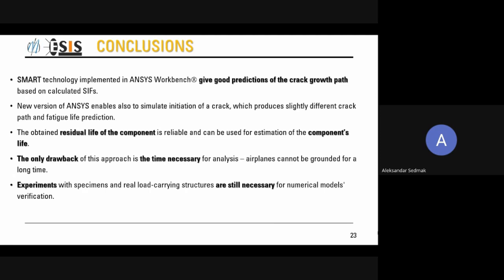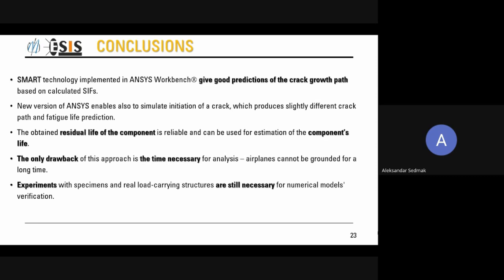We can say that smart technology as implemented in ANSYS Workbench gives a good prediction of crack growth path, although we still need experimental evidence and more detailed real events, but obviously it is a good one at this stage of development.